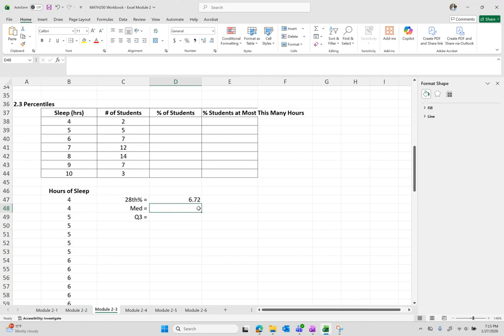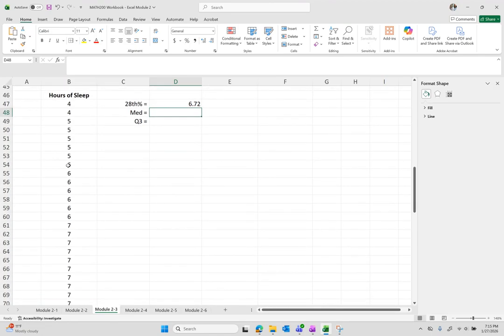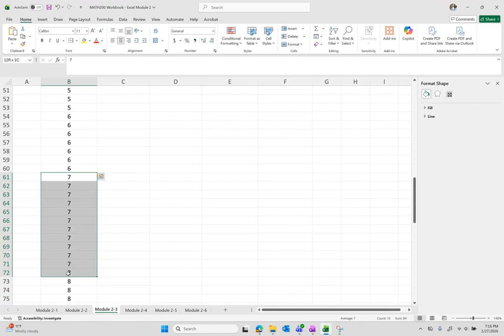And you notice here that it didn't say 6.5, it actually said 6.72. And the reason it does that is because there are only 7 6s and there are more 7s. There are 12 7s.